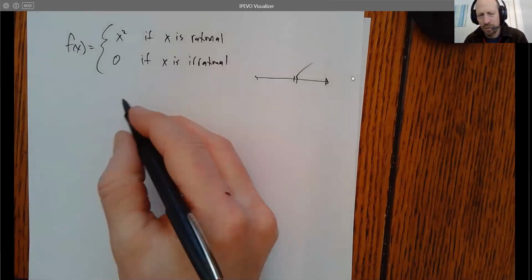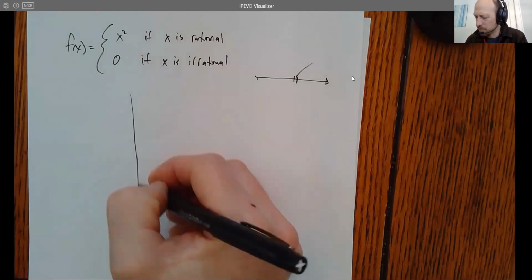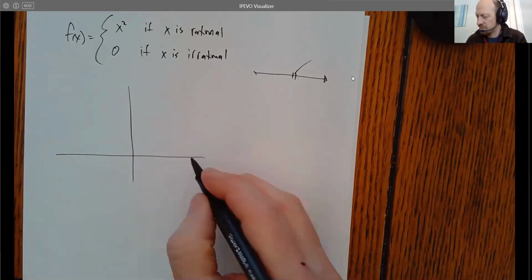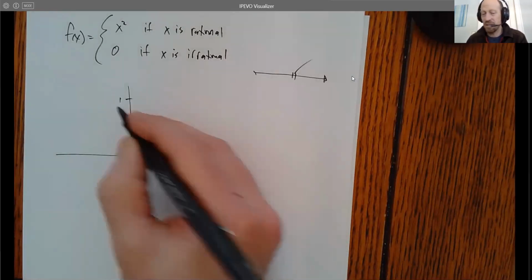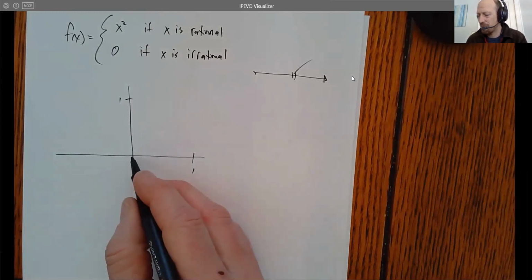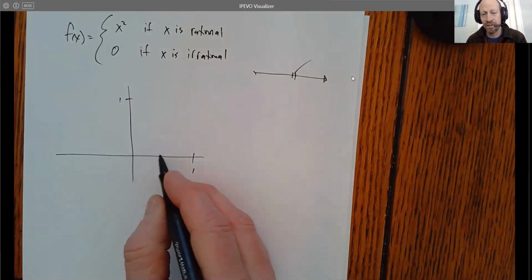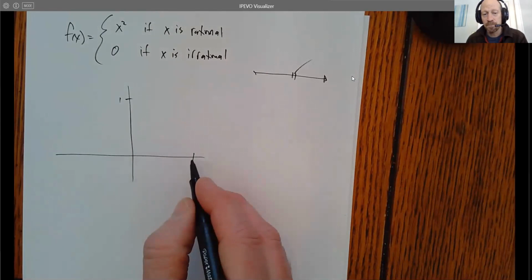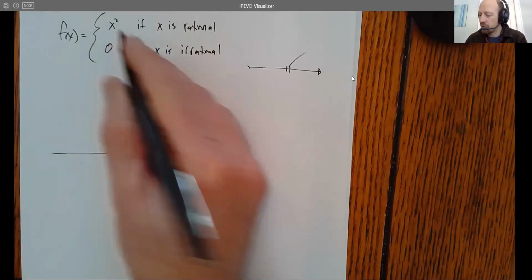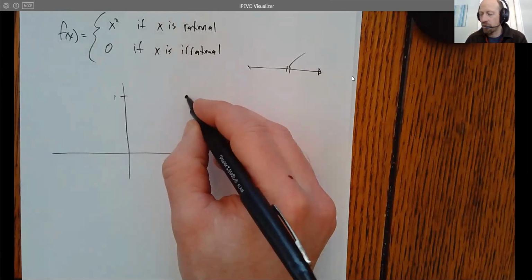So it turns out we can't even really graph exactly what's going on because there are infinitely many rational and irrational numbers. But if we imagine moving along the x-axis, f of 1 is a rational number, so I get 1 squared, which is up here.